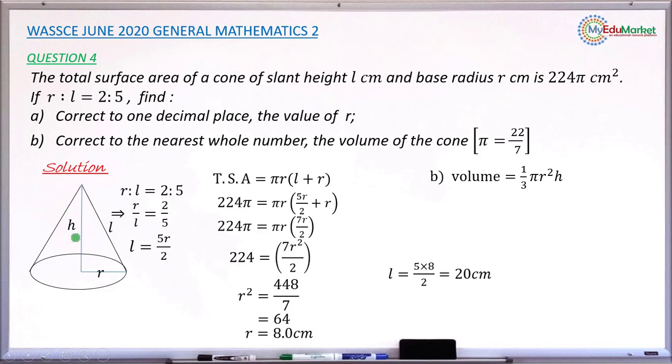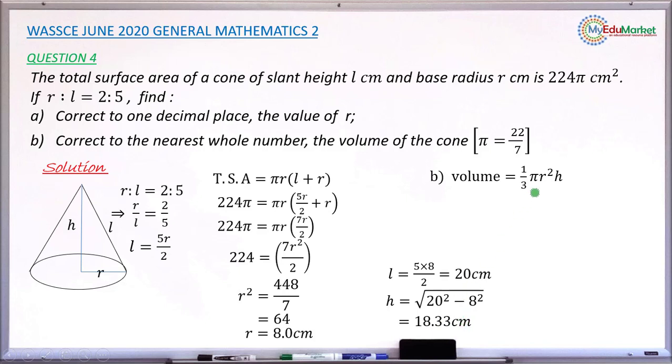You can now find this perpendicular distance. Using Pythagoras, h equals square root of 20 square minus 8 square. If you find 20 square and 8 square, subtract the two values correctly, and take the square root of that, you have 18.33 centimeters as the vertical height of the cone.